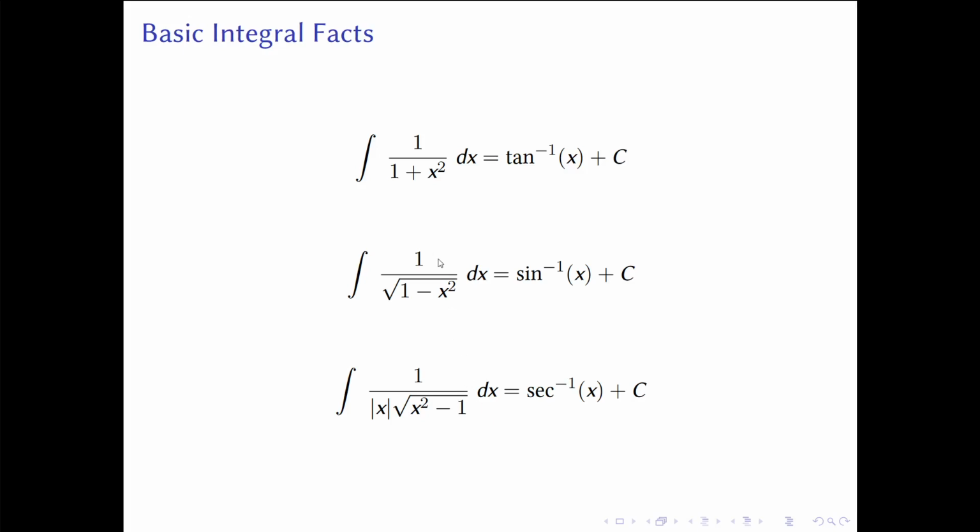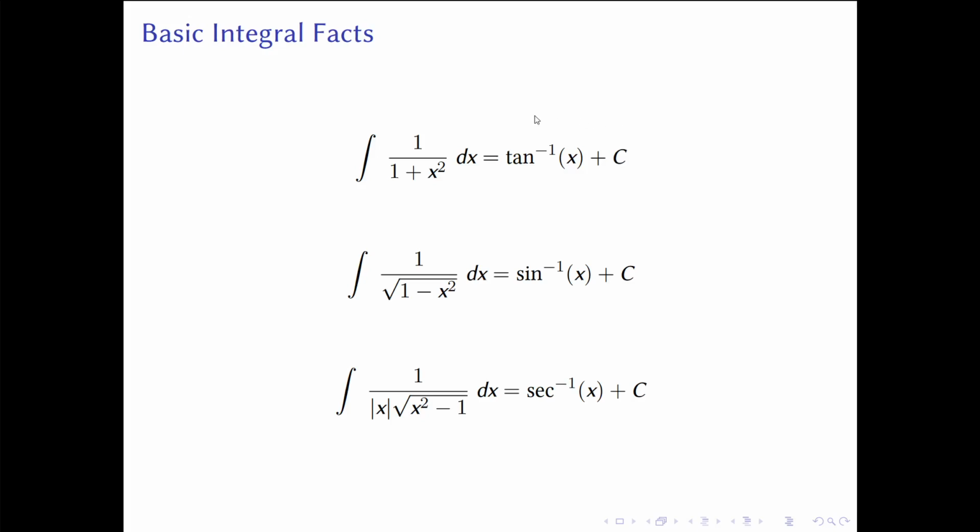The reason is, if you go back and look at the derivative facts for the inverse trigonometric functions, you can see that, for instance, the derivative of cotan inverse is minus 1 over 1 plus x squared. So really, these are the three that are most commonly used in moving forward with this class, and then again in Calculus 2.